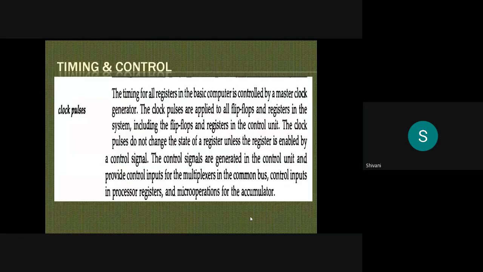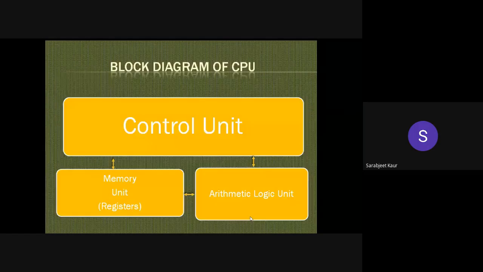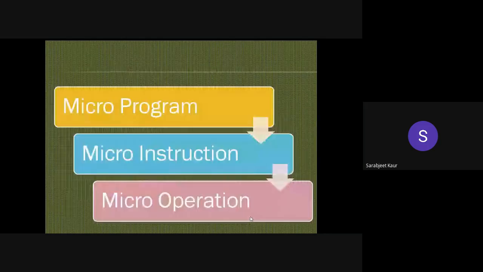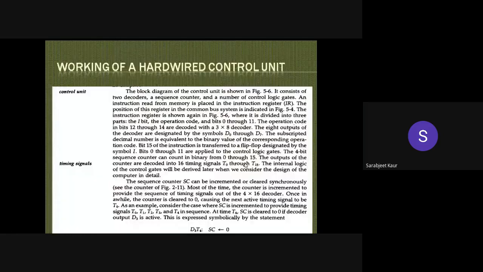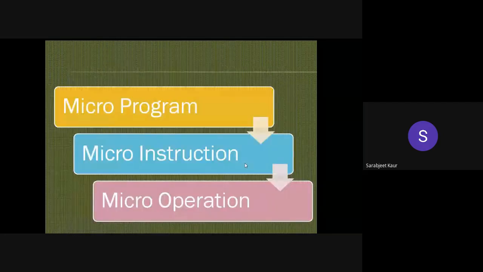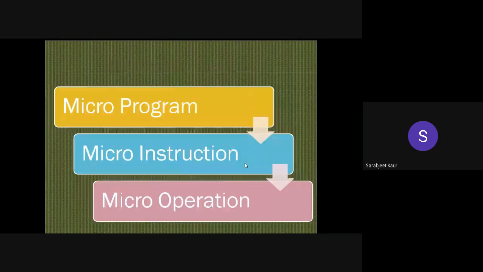We also revisited the concepts of clock pulses, and today we have seen how they are actually generated, and how the timing signals are generated. And we have discussed the difference between the two types of control unit, that is the microprogrammed control unit and the hardwired control unit.